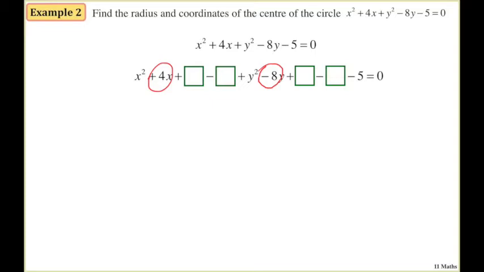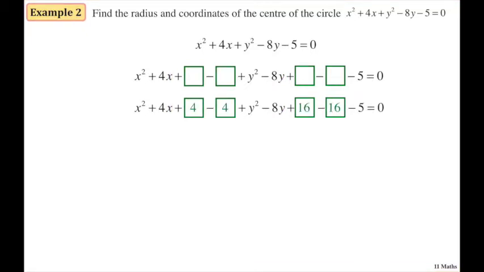Half of -8 is -4. -4 squared is 16. So we should end up with x squared plus 4x plus 4 and minus 4 in the box, and in the second boxes I get a plus 16 and minus 16.